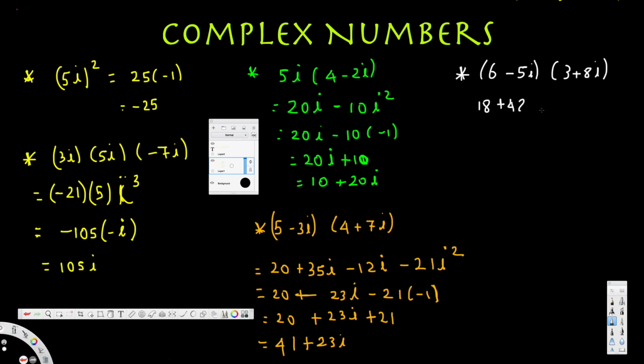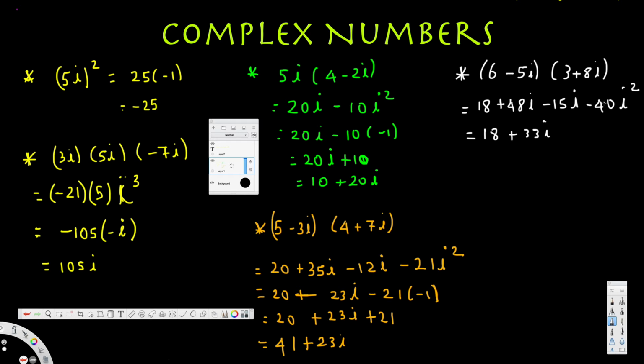And then -5i times 3, that's -15i, and then -5i times 8i, we are going to get -40i squared. And here let's add the like terms. 18 remains the same. 48i minus 15i, we are going to get 33i right here.